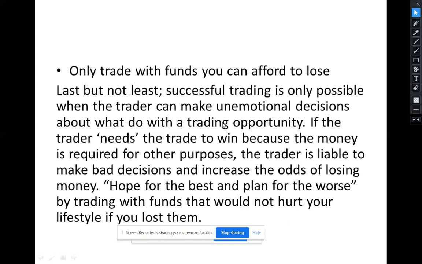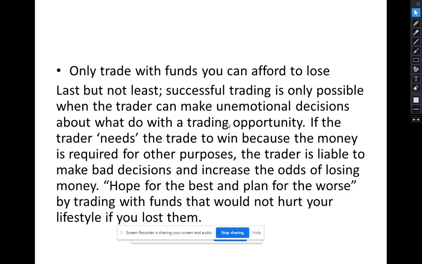Then also the last thing which I want to discuss is that you should only trade with funds that you can afford to lose. Last but not least, successful trading is only possible when a trader can make unemotional decisions about what to do with a trading opportunity.